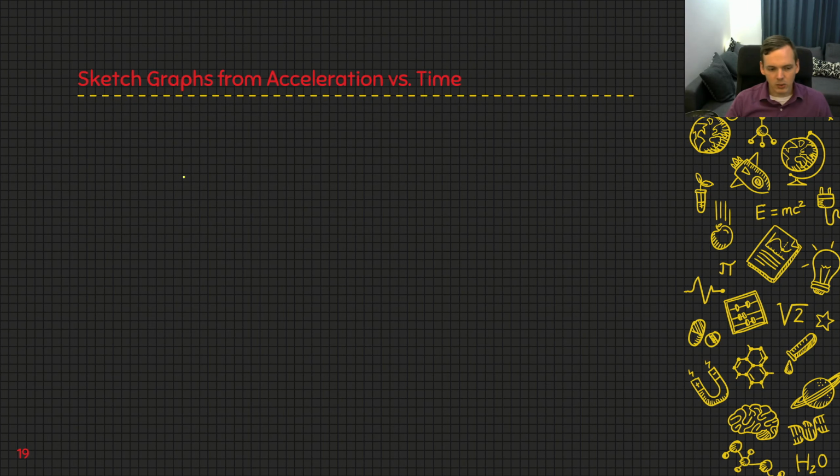Lastly, let's look at acceleration versus time, and this is going to be using that idea that we just did about sketching the position versus time from velocity, but we're 2 layers deep now. So acceleration versus time, we'll start with something like this.